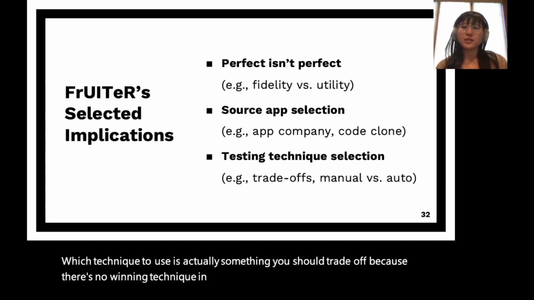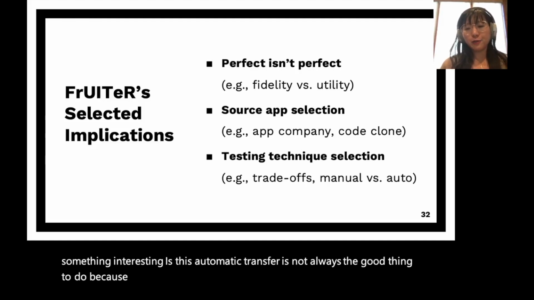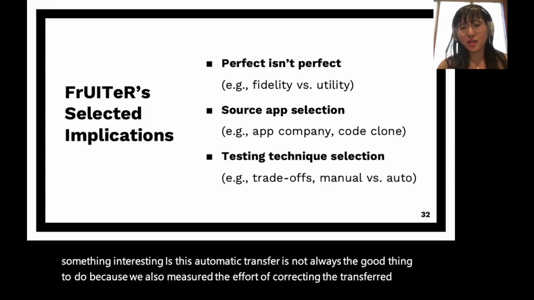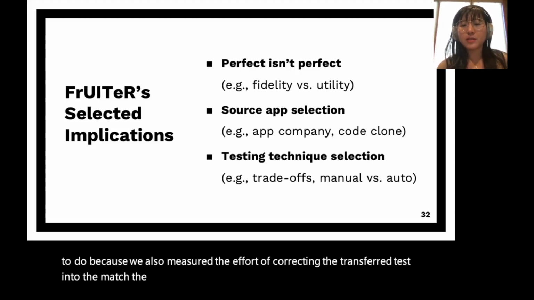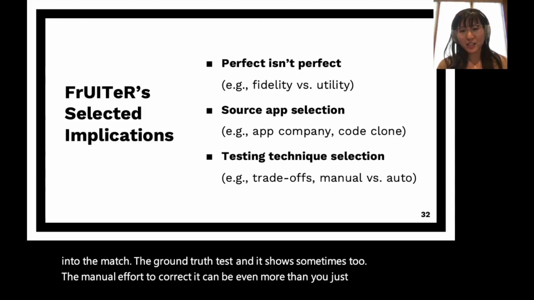And also we noticed something interesting: this automatic transfer is not always the good thing to do, because we also measured the effort of correcting the transferred test to match the ground truth test, and it shows sometimes the manual effort to correct it can be even more than you just simply write the test case from scratch manually.